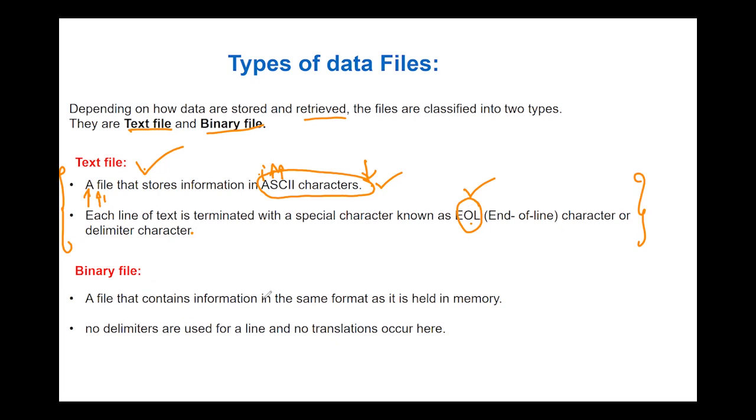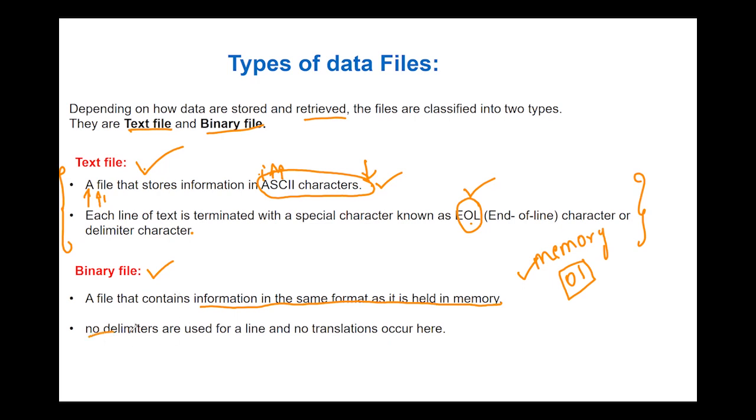A binary file contains information in the same format as it is held in memory. So what is the meaning of this? Remember, in memory we always store all the data in the form of zeros and ones. That is nothing but binary. Likewise, as we store it in memory, we will store it in the binary file also. So the content of the binary file is going to be zeros and ones.